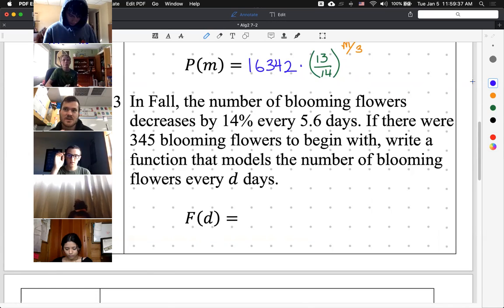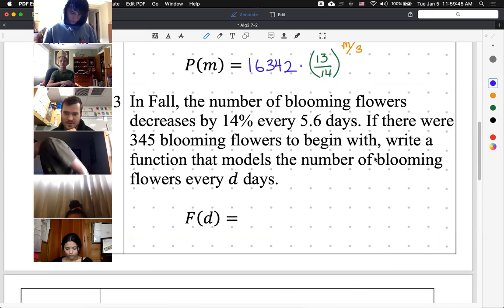A lot of people have answers. Someone I haven't called on, Gunner. And you can type in chat too if you want, Gunner. What is our initial amount? Or you can use your voice. What is the value of capital A?